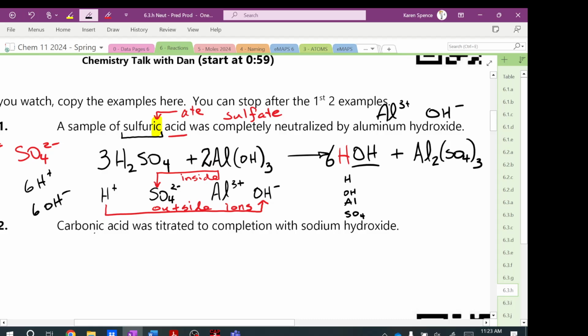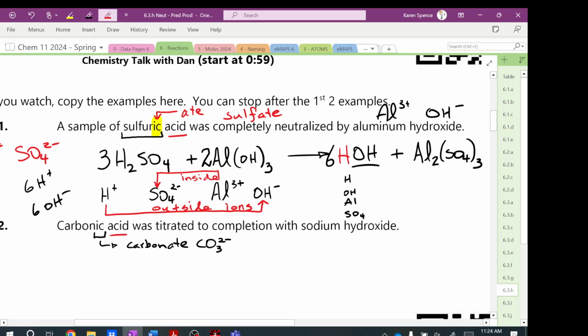Okay, carbonic acid. What kind of ion makes an ic acid? That is an ate ion, so we are looking for the carbonate ion, which is CO3. What is its charge? 2 minus.